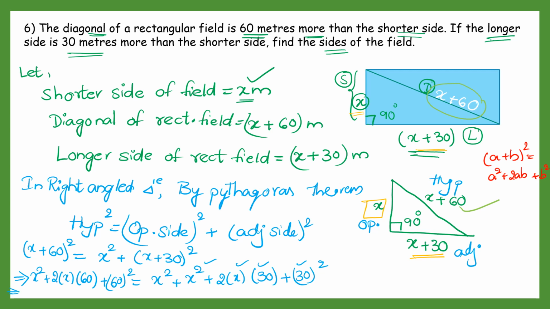Now, you get what? x squared, 2 into 60 is 120x, 60 squared is 3600, equal to x squared plus x squared, 2x squared. 2 into 30 is 60x plus 900.